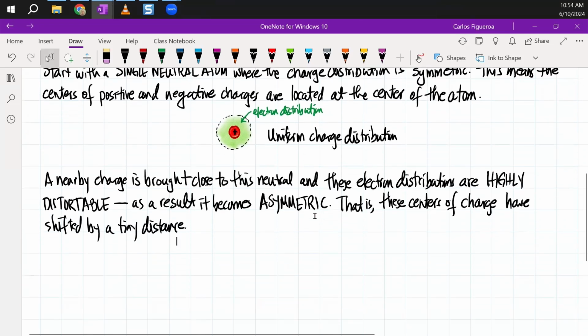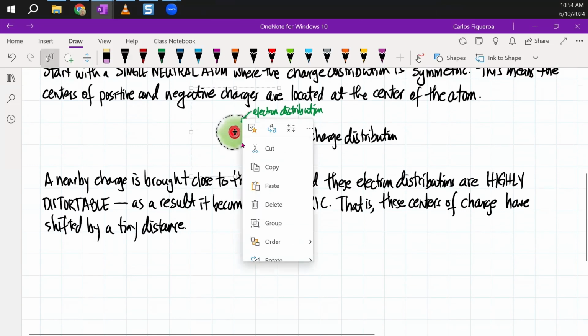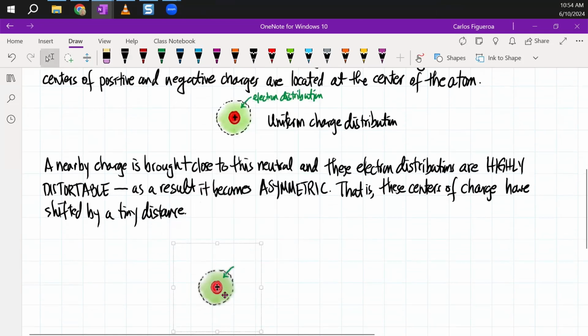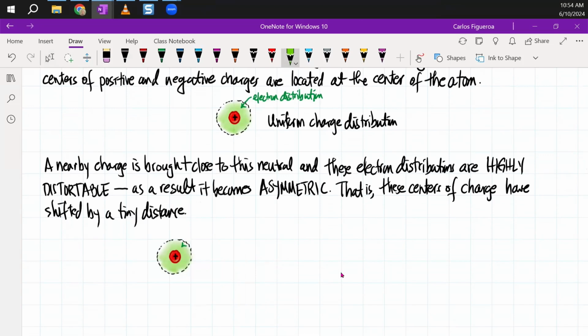So what am I doing here? I have my neutral atom, right here. And then I'm going to come in and bring a charged rod.